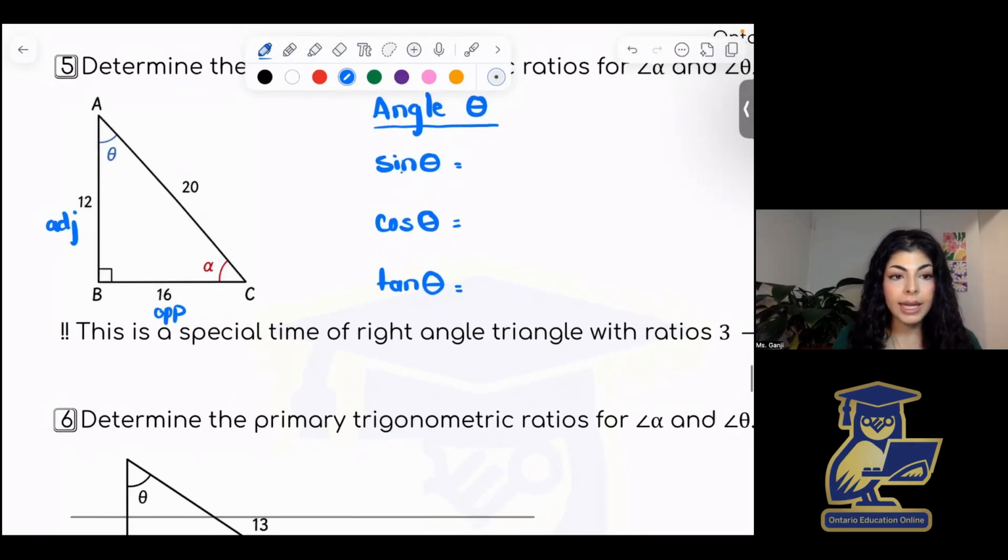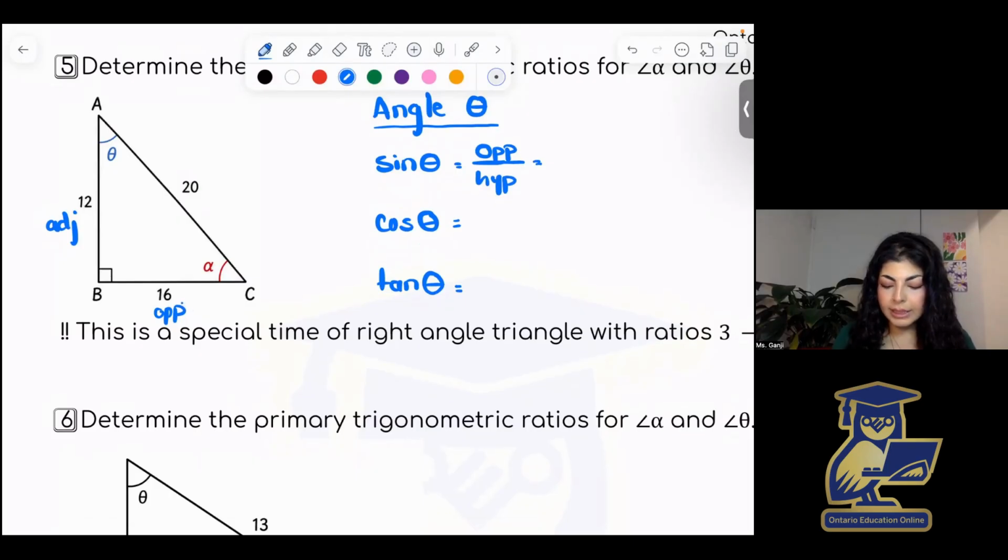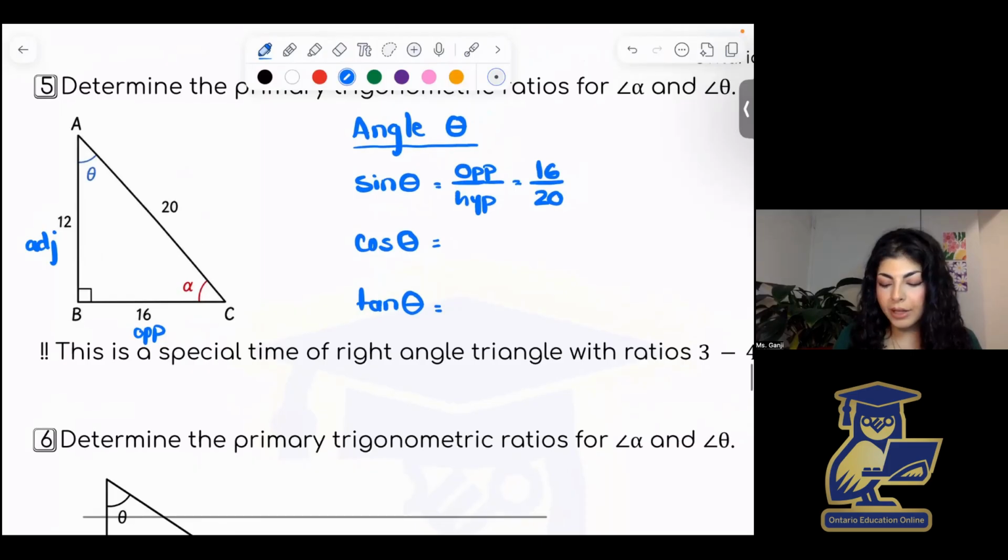Remember, sine is opposite over hypotenuse. So it's going to be 16 over 20. This is a fraction, and I can simplify it to 4 over 5.